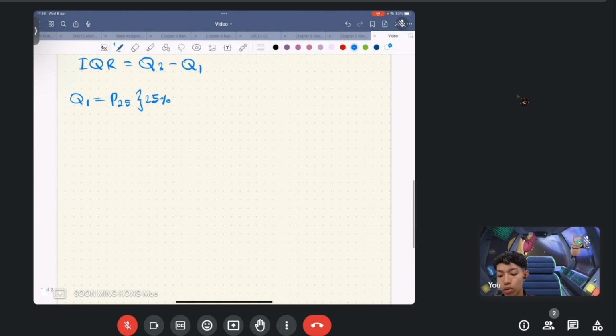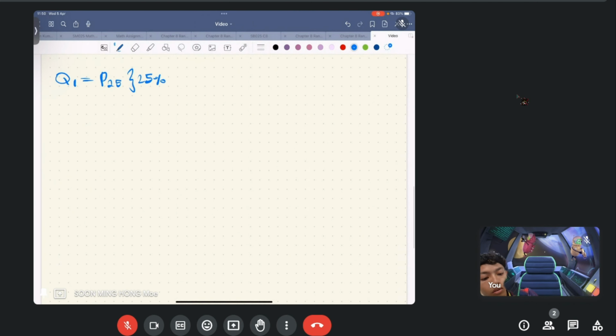So as you know, 25% is also equal to 1 over 4, right? So S equals 1 over 4 times total data. So we get 1 over 4 times 17. So the answer is 4.25.